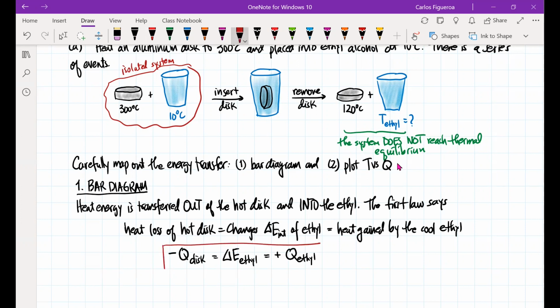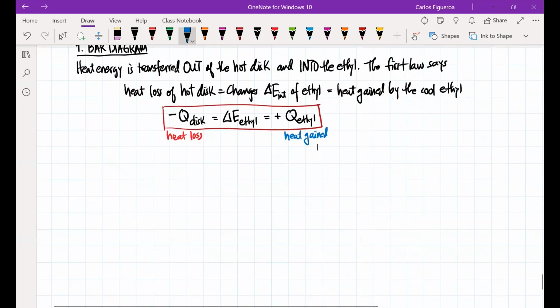So the first law says this right here. This is the heat loss, and over here, this is the heat gained. But I want to do this in a series of pictures to give you a sense of what is going on. So the bar diagram looks something like this.